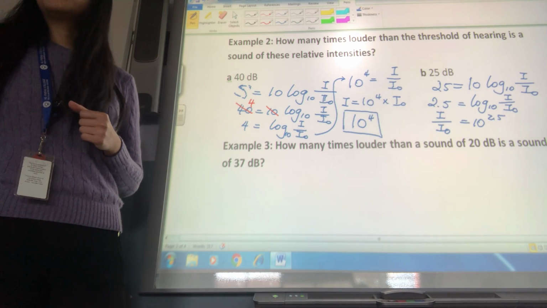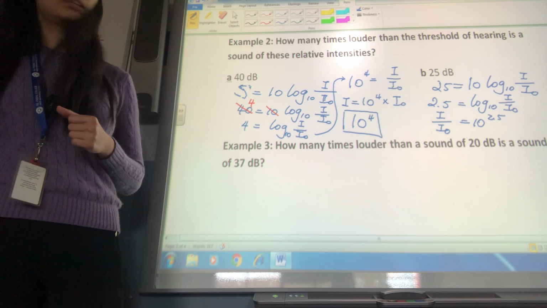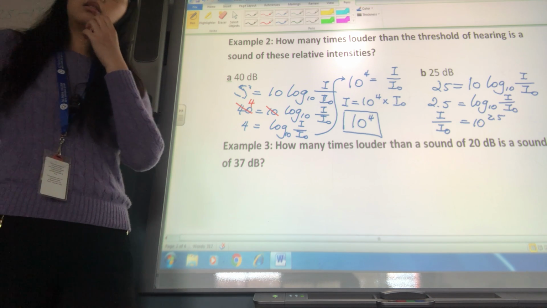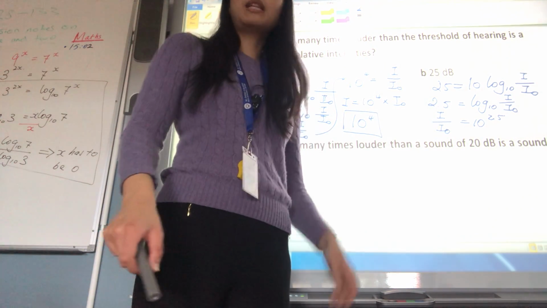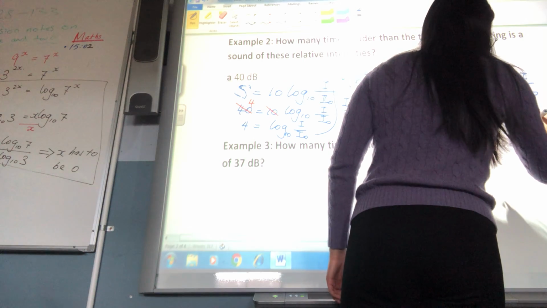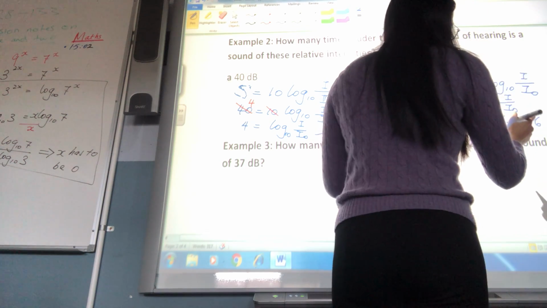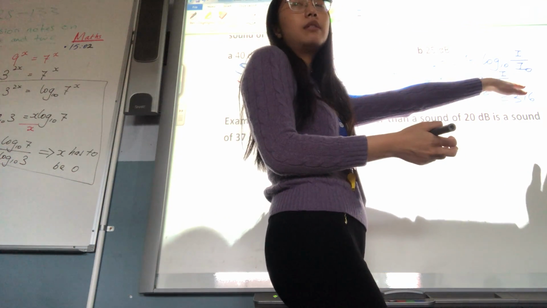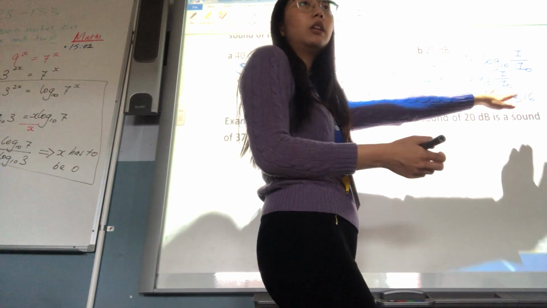What's 10 to the power 2.5? Can someone calculate it? 316.2. Alright, thank you. I'll just keep 316. So maybe at this point you can just say it's 316 times louder, right?